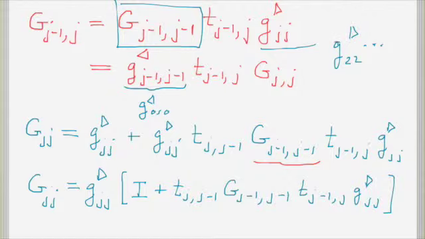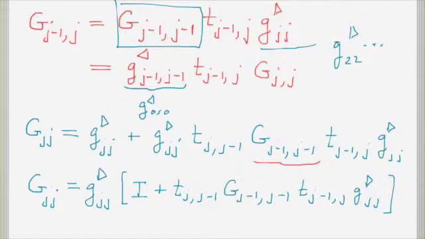The form is going to be the same. So this is going to give me the exact diagonal block for all J's.